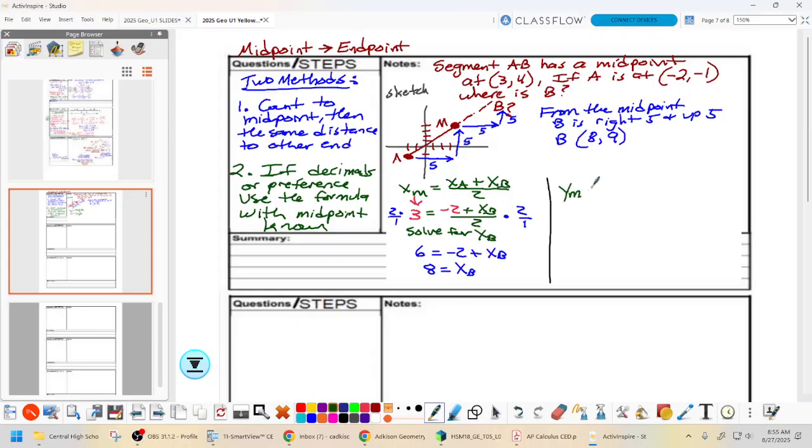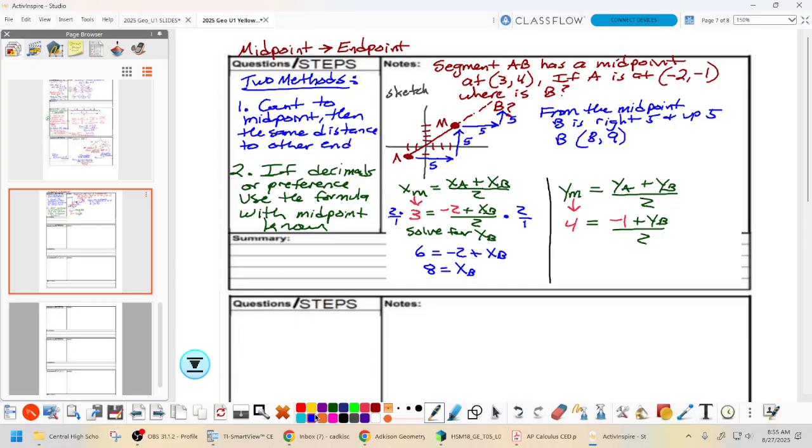So y midpoint, again, the a plus b average. Again, we know the y coordinate of the midpoint, so we know that the y coordinate is 4, and the endpoint is -1. Okay, multiply by 2.